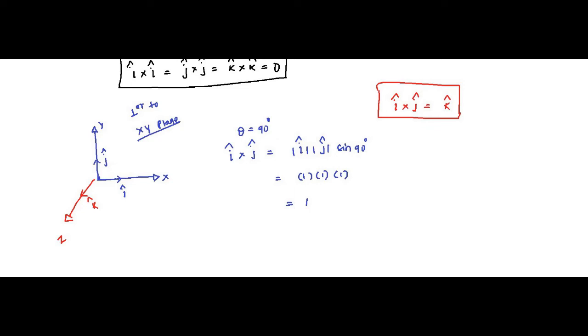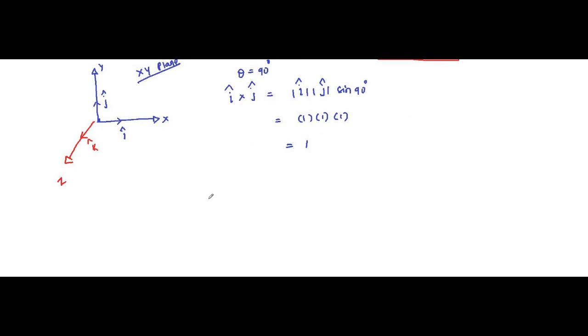Similarly, let's say we do the cross product of y and z, that is j cap and k cap. So here j cap cross k cap will be j cap magnitude, k cap magnitude, sine 90 degrees, because they are mutually perpendicular to each other.